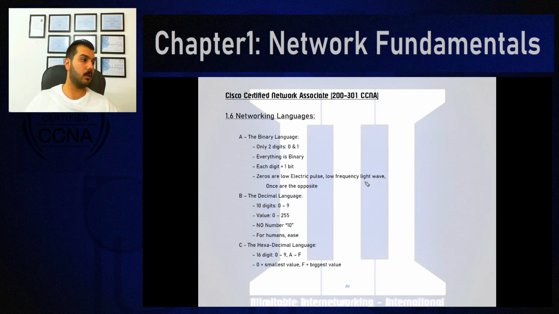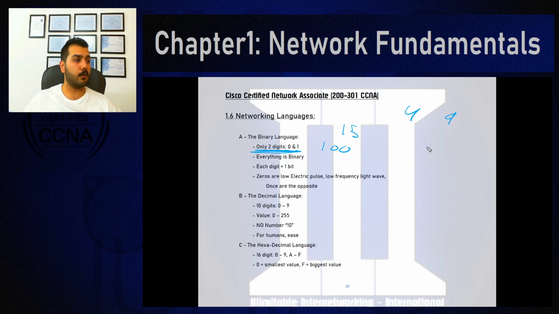Let us talk a bit further. We can read number 4 or number 9 or number 15 or whatever number that we want by ourselves. Computers don't transmit or understand these numbers. They only understand the binary language. Computers and network devices only understand zeros and ones.